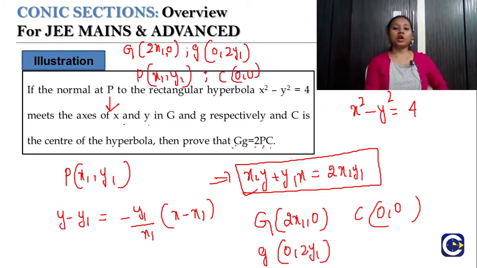So all the points are already derived here. All the corresponding coordinates are known here. It's just that apply the distance formula and verify whether the LHS is equal to RHS or not. So that's the only thing we have to do here.